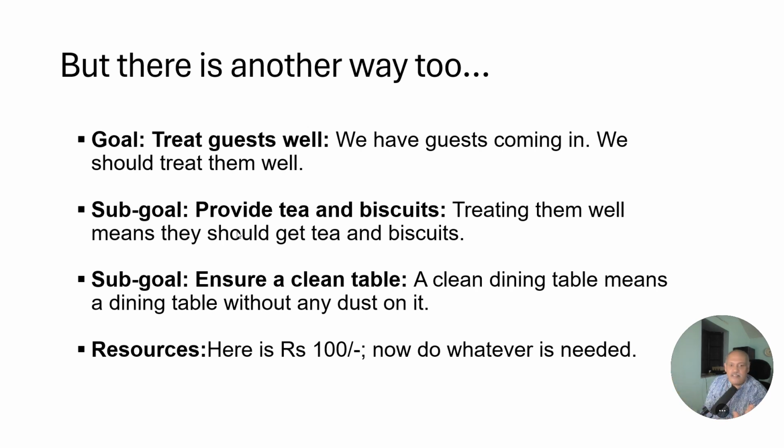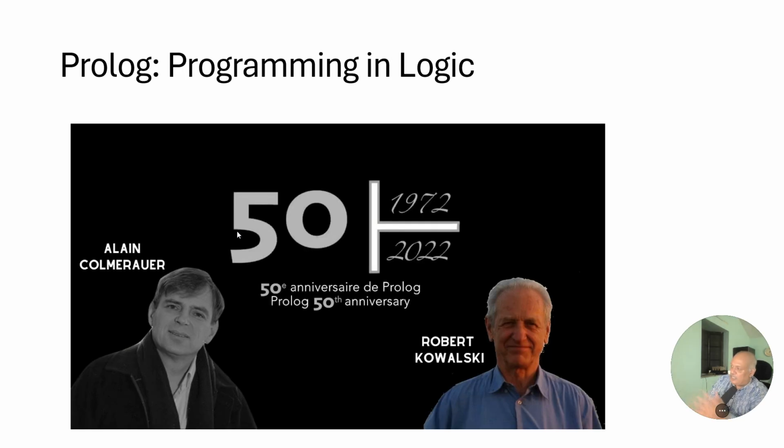This declarative way of telling what needs to be done is what these gentlemen, Alain Colmerauer and Robert Kowalski, I'm sure I'm not pronouncing their names correctly, discovered as a computer language called Prolog. I've been very deeply involved in Prolog for more than 30 years. I actually wrote my own version of Prolog, called ARDELA, Architectural Design Language, which is embedded inside TAD.